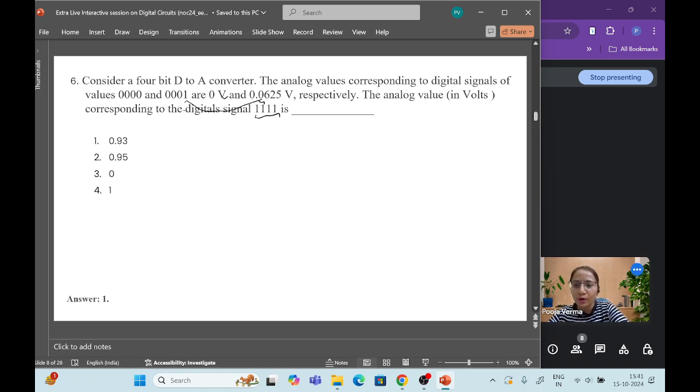So from the question we can see that the increment in the output voltage on changing just one bit, from 0000 to 0001, is 0.0625 volt.